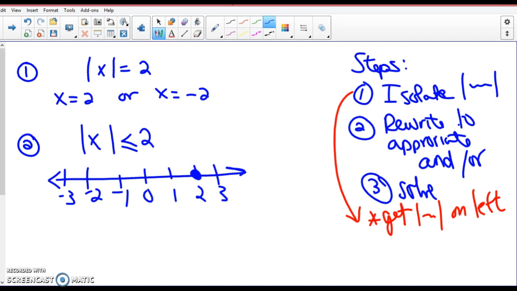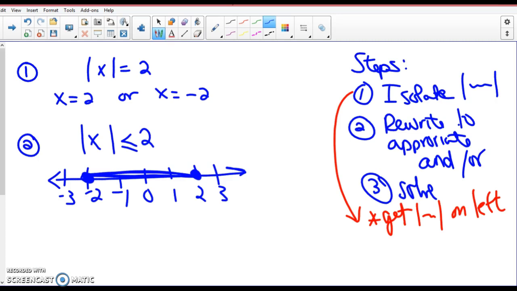Keep going. The absolute value of negative 3 is going to be 3. Is 3 less than or equal to 2? No, it is not. The numbers that make this true are right there. Would 3 work? The absolute value of 3 is 3. 3 is not less than 2.